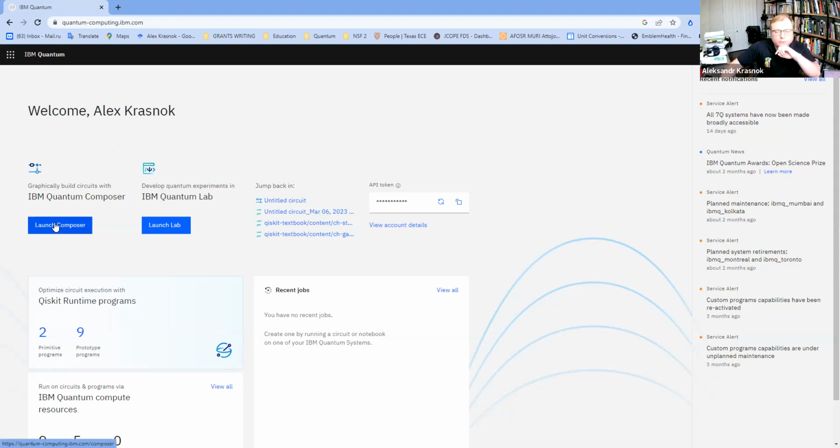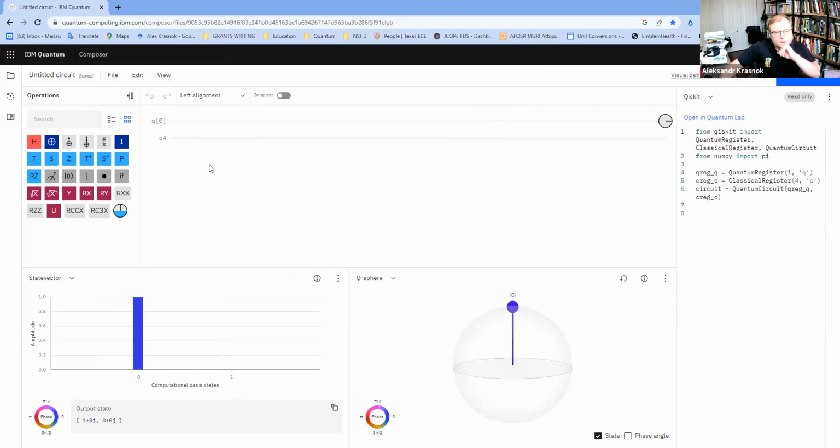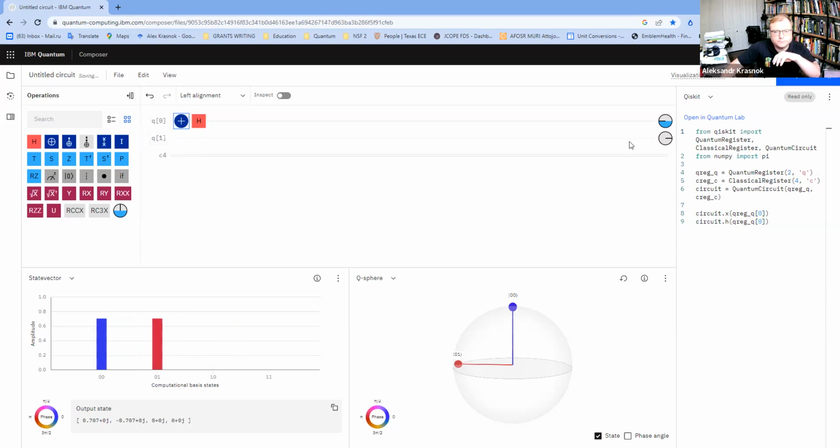We will use the first one, IBM Quantum Composer, because it provides a nice, very friendly, very intuitive platform to simulate quantum circuits, as you can see.